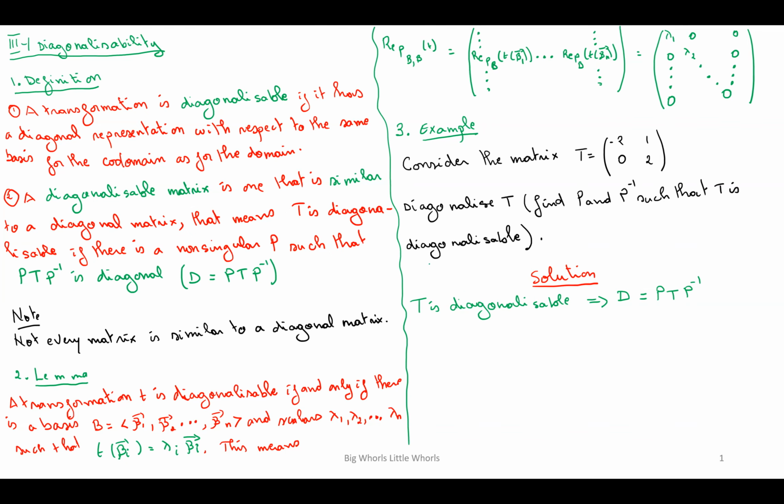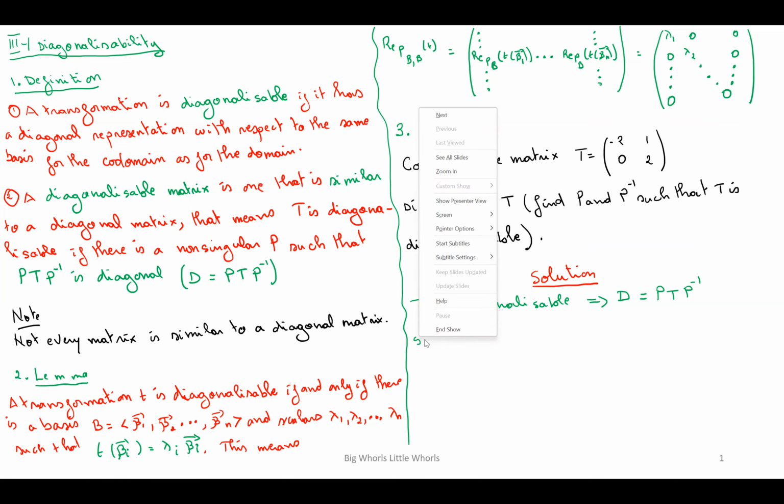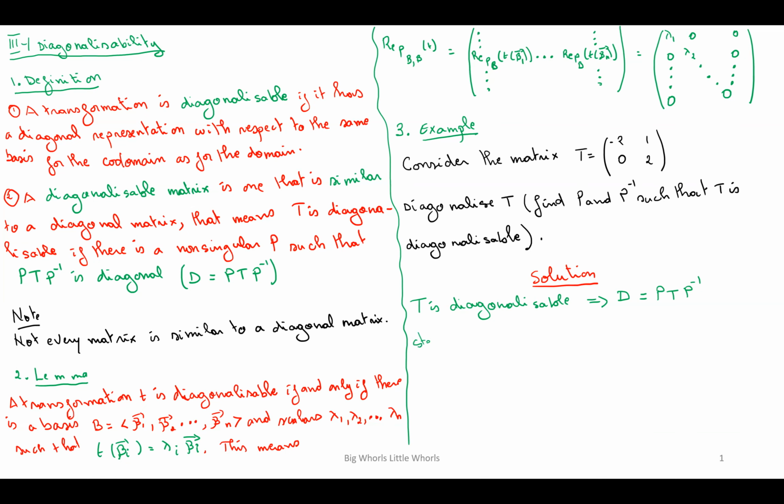So to be able to answer this question, we are going to go through the following steps. Step 1, we need to find the eigenvalues. This is how we solve such questions when you are asked to diagonalize a matrix.